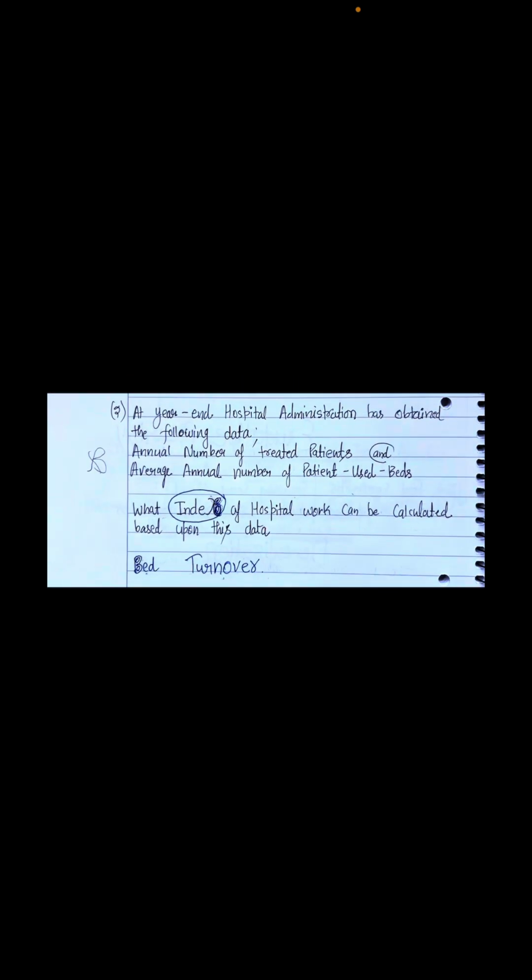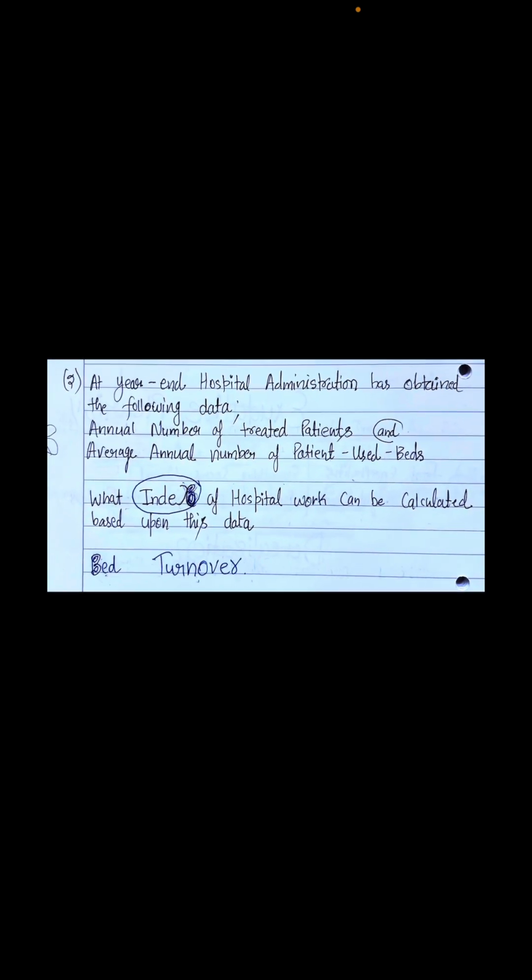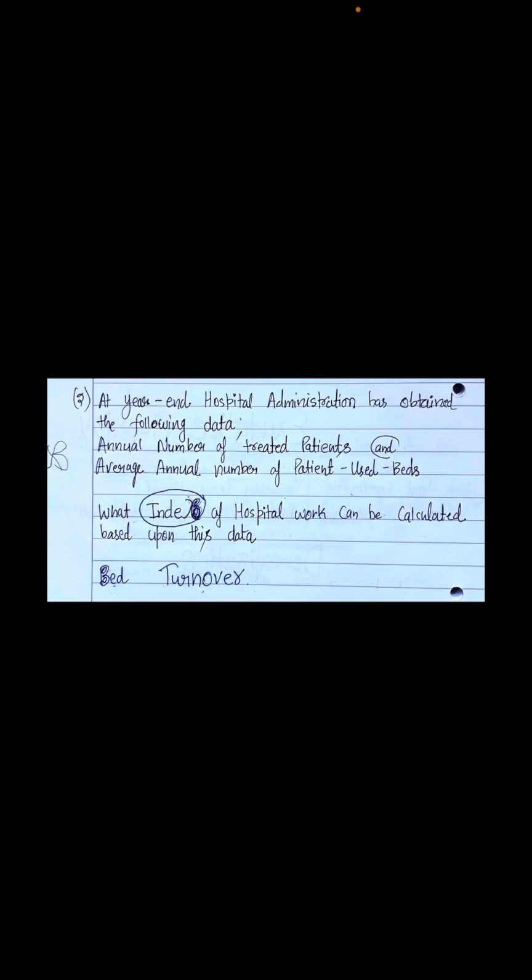Now the last question, last but not least. At year-end, the hospital administration has obtained the following data: the annual number of treated patients and the annual number of patients' used beds. There is only one question which asks about some sort of index. What index of the hospital work can be calculated based upon this data?